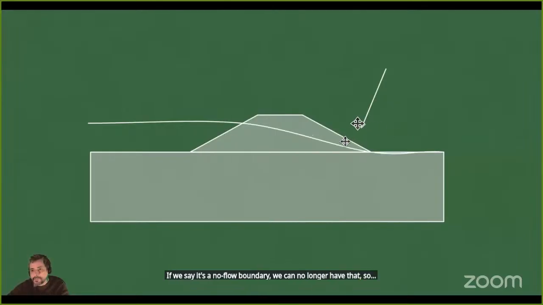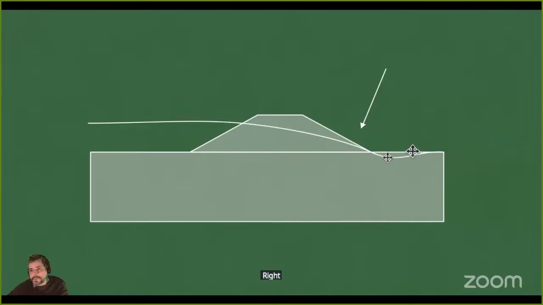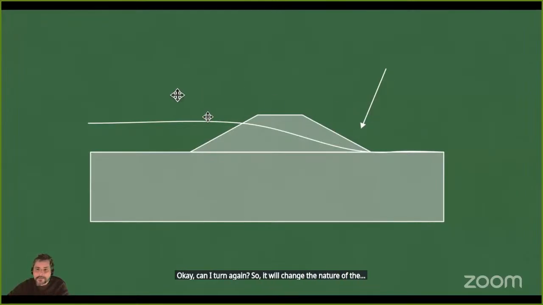So we must have now something like this, right? So it will potentially change the nature of the flow lines. And that's why we need to have a potential seepage phase.